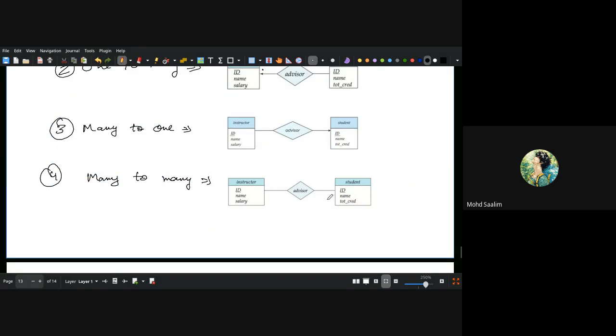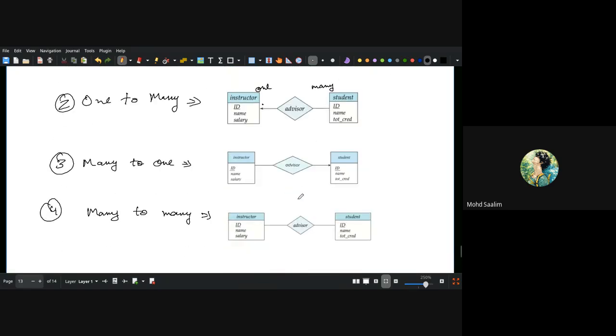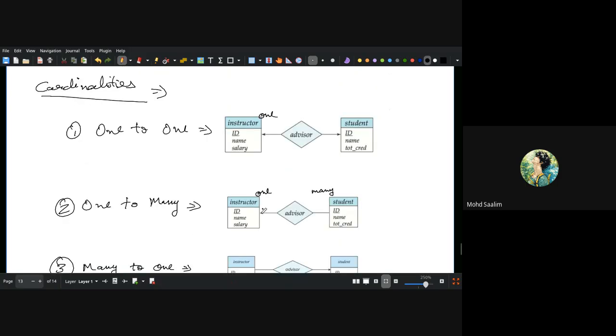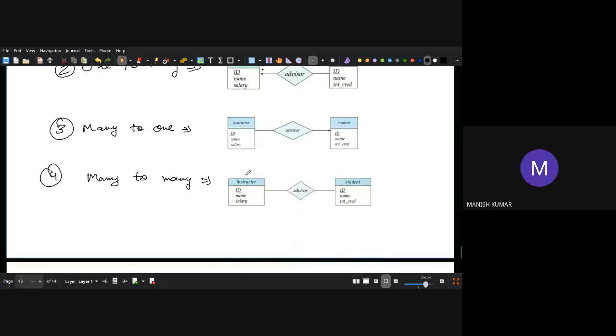Something like this. Okay. Understood how to find out after seeing the diagram? Can you tell me which type of relationship it is just by seeing the diagram? You can, right? Yes, sir. Yeah. So this is the cardinality.